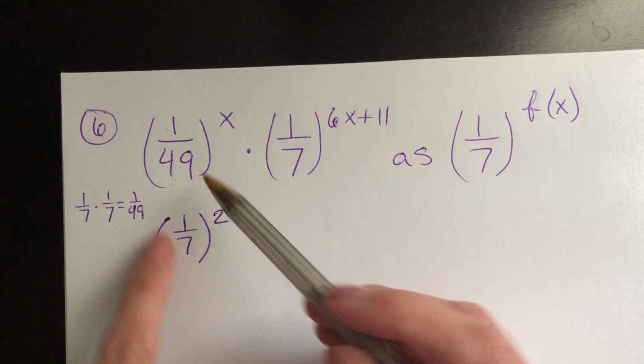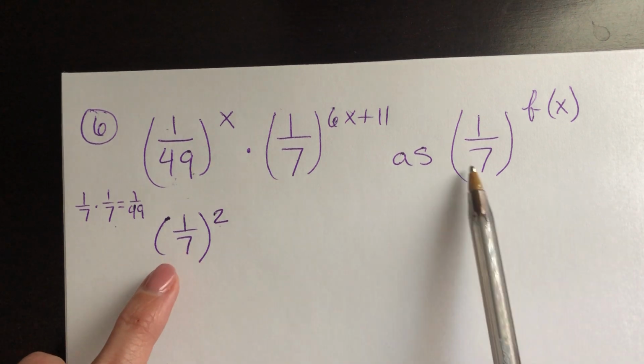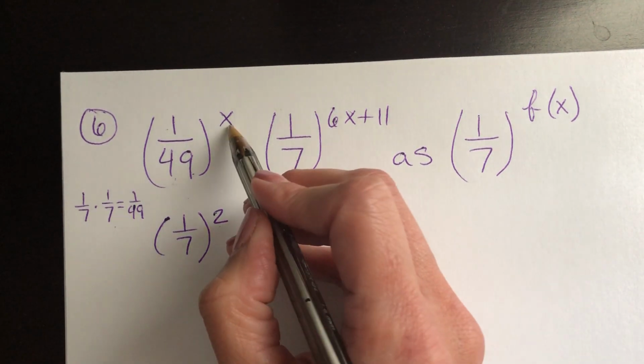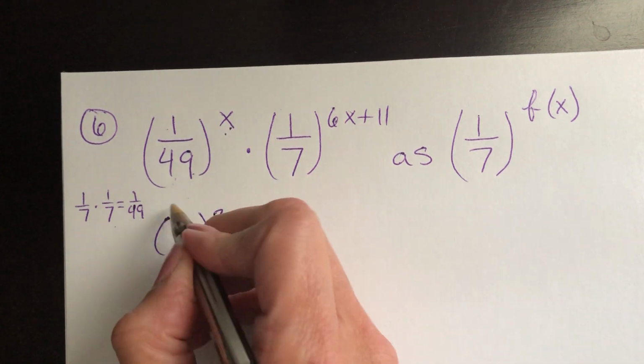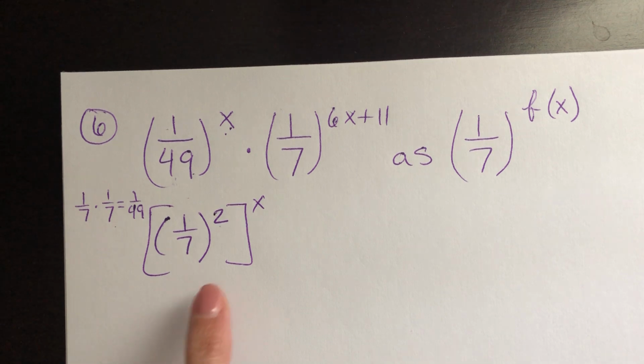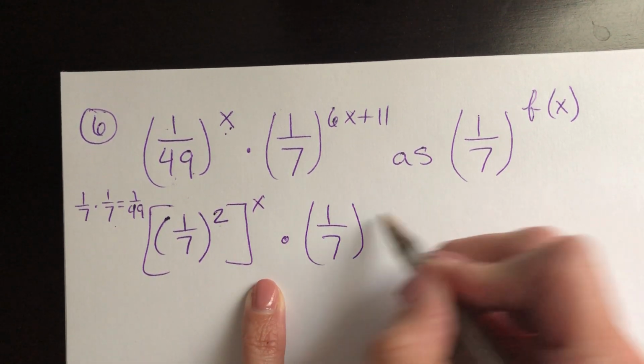So 1/7 squared is the same as 1/49, but we did that because we need that base to be 1/7 here. And then we're going to raise that to the x power. You bring down that exponent of x. All right. And then this is good, so we'll just bring that down.